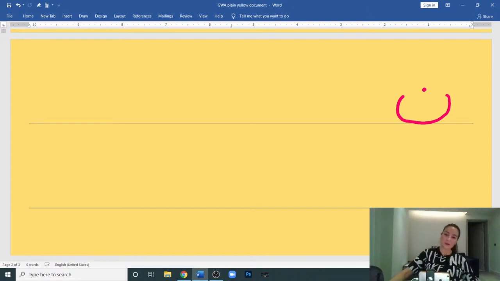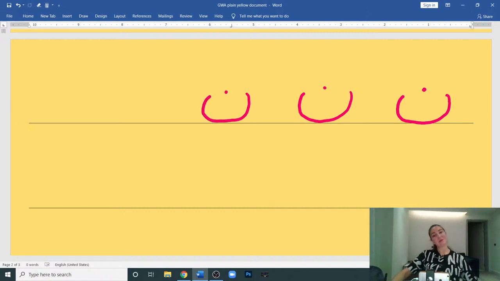Again, so we will start as a curve. It will sit on the line and we will put one dot on top. Again, yalla, try with me. It's a curve. It sits on the line and it goes back up and we put a dot. So, like this.